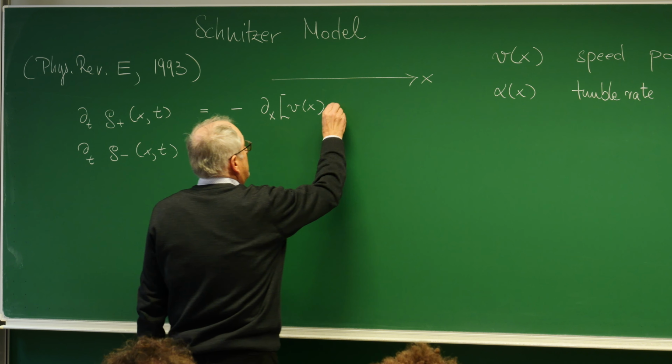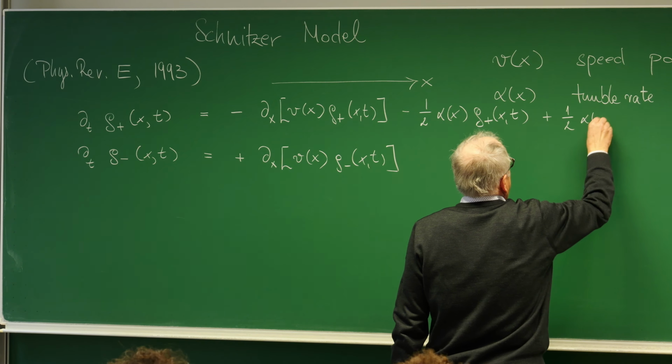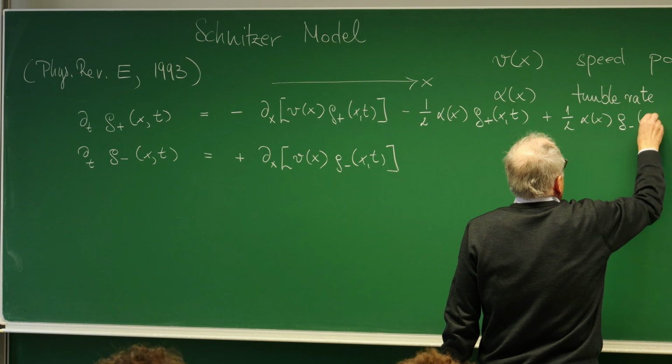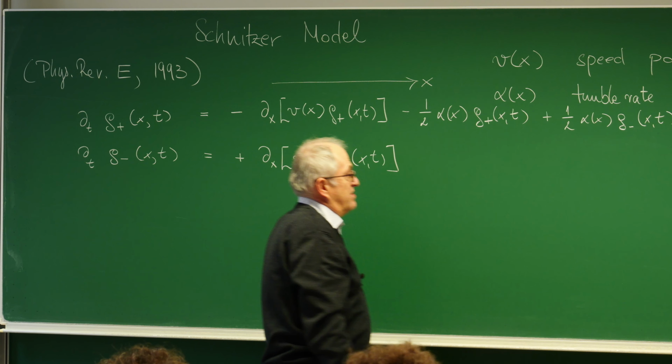Now, the tumbling rate I choose in a certain way. There's a factor of a half, which is just convention. So I say they flip to the minus direction with this rate, and they flip into the plus direction with the same rate. In distinction to what we had before, now the rates here are the same.